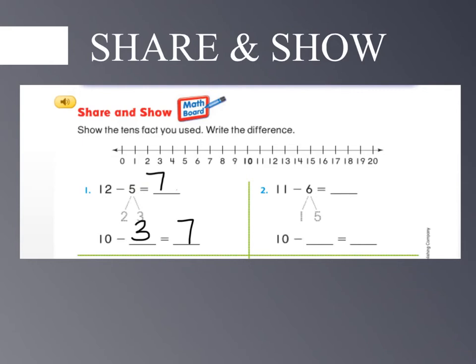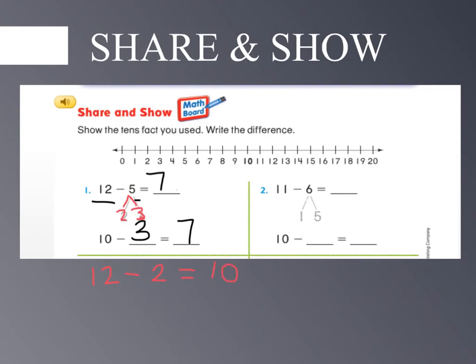So for number 1, we have 12 minus 5. Using the strategy we just learned, we know that we can break down 5 into 2 and 3. We would do 12 minus 2 to get 10.